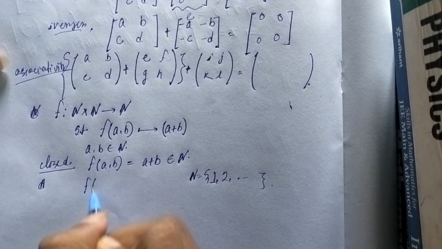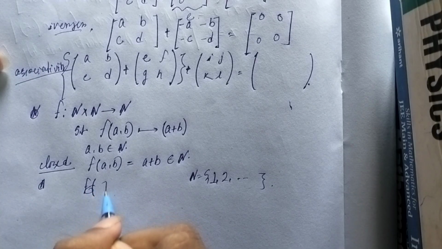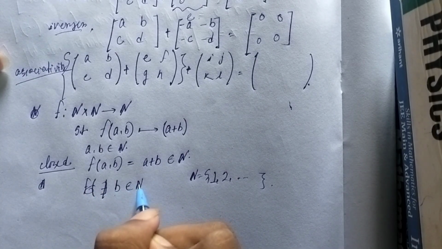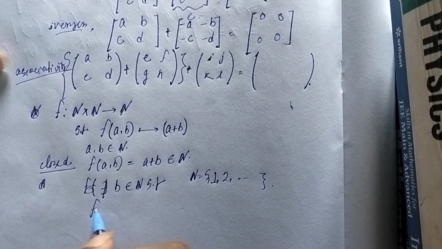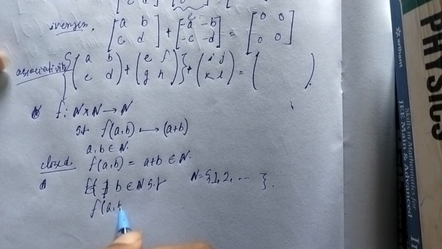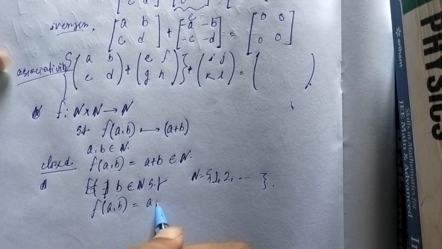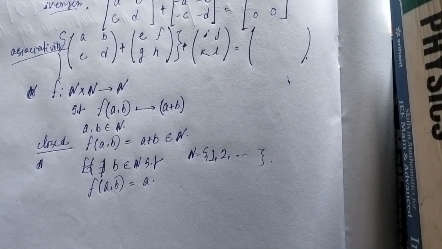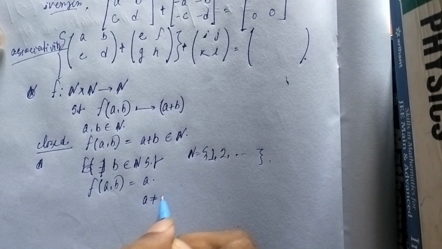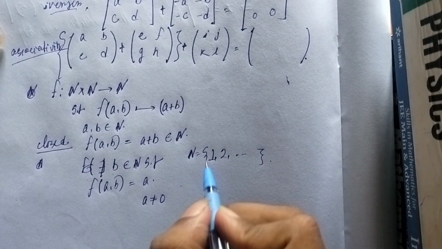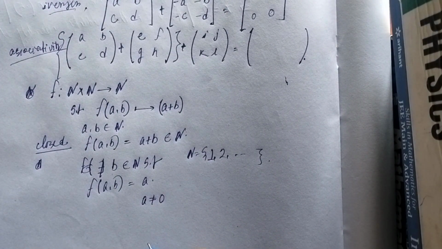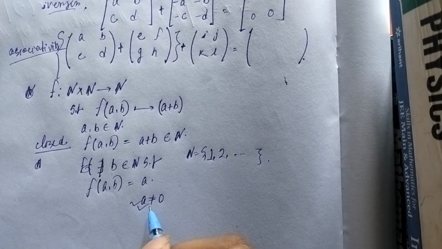So there does not exist any b belonging to N such that f of a, b equals f of a. That means, as there is no 0, if we add something, let's say a, which is not equal to 0, with any other number from the natural numbers, then that will not return a.